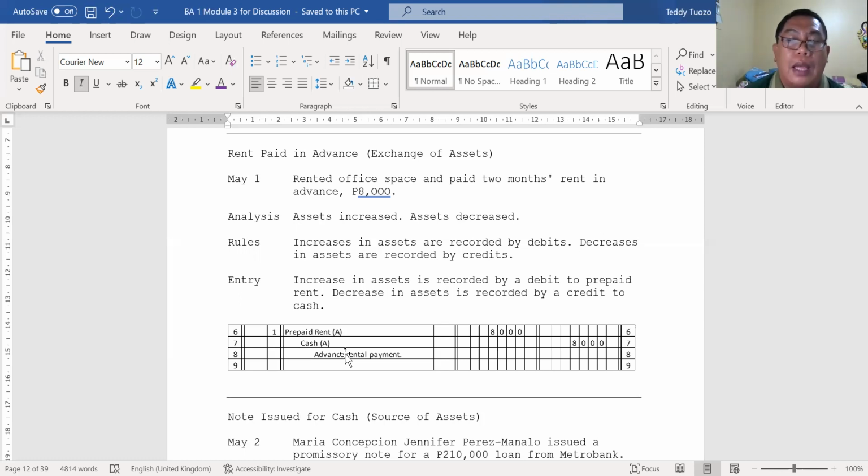Basta kay dapat ang tanan debit aligned and ang tanan credit aligned. For example, May 1 and May 2, the debits in May 1 and May 2 should be aligned, and the credit in May 1 and the credit in May 2 aligned as well. So that is how you record the transaction in a general journal.